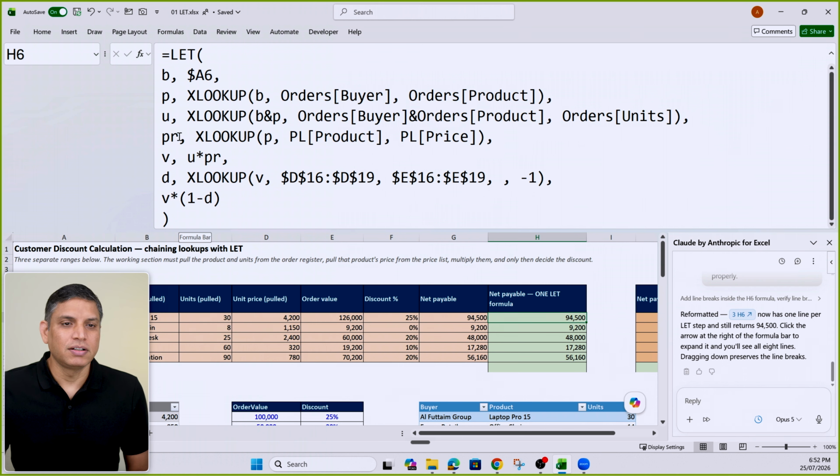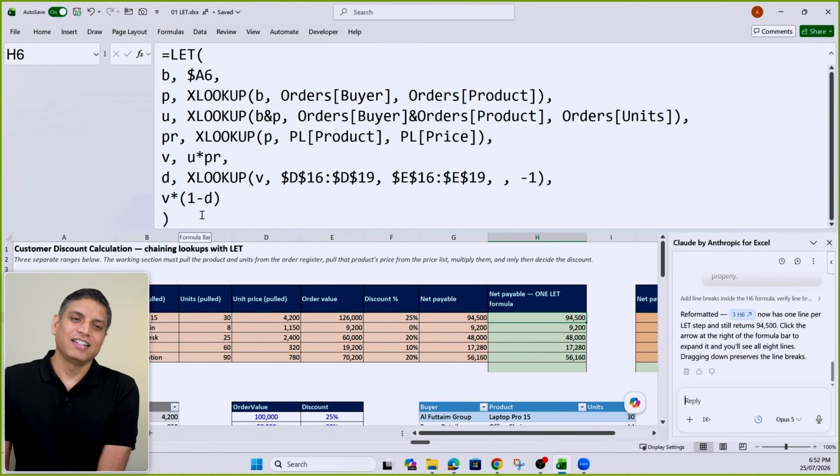Product, that's the price, that's the value, which is units into price, and D is discount, and V is V multiplied by 1 minus discount. Absolutely the same thing which we have done, just the names have changed. I'm not sure if it was monitoring what we were doing in Excel, but a good job. Try it in a fresh file and then you will be able to monitor it.